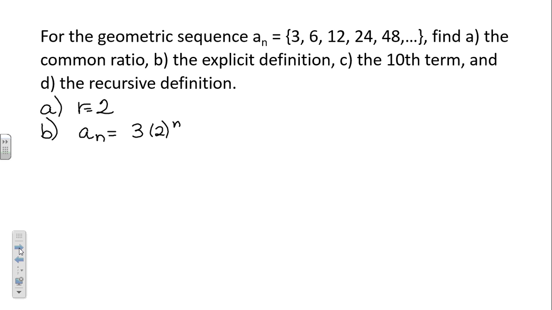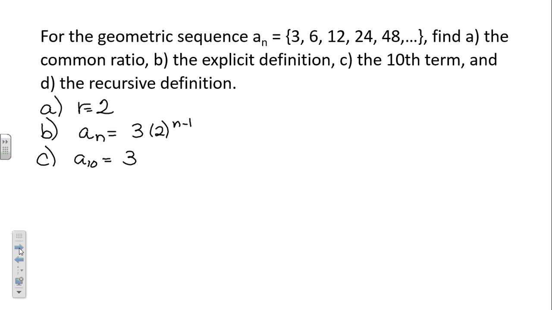Yep. 3 is our first term. 2 is our ratio. So we take 2 to the n minus 1 and take that times 3. Okay? Now they want us to find the 10th term. So everywhere we see n, we're going to plug in 10.